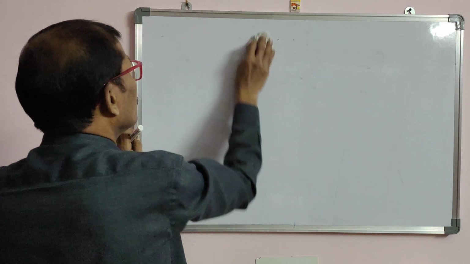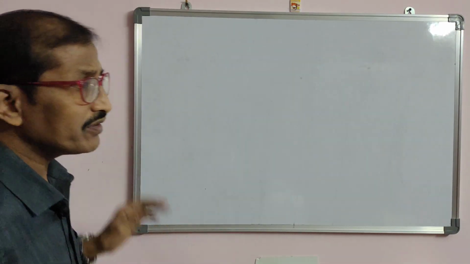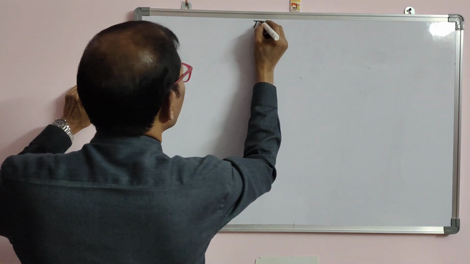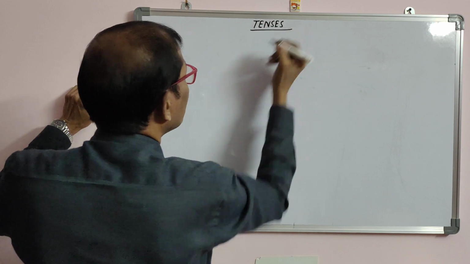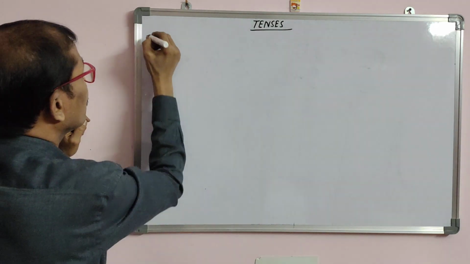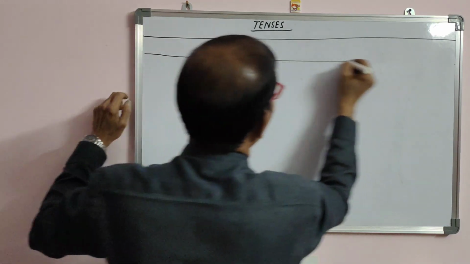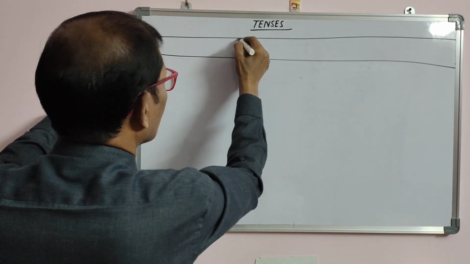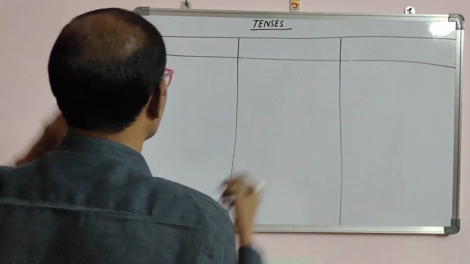And of course, I am moving further. Now you understood what tense is. And now, how many tenses are there? This is very important. Through a table, I will try to make you understand how many tenses there are.